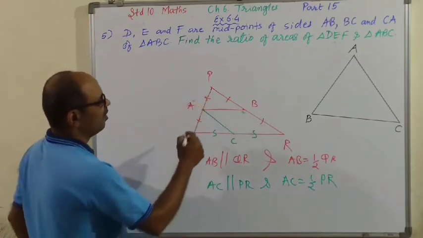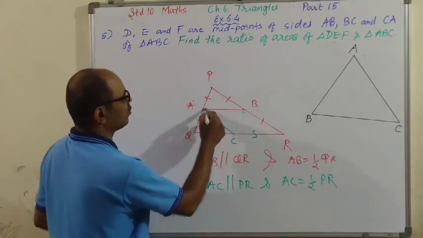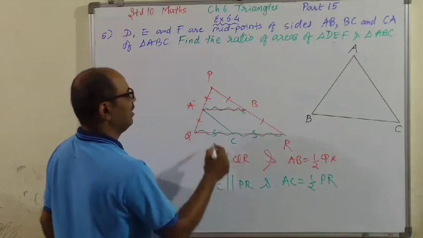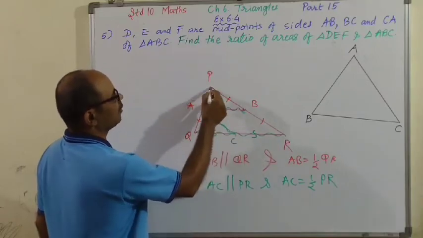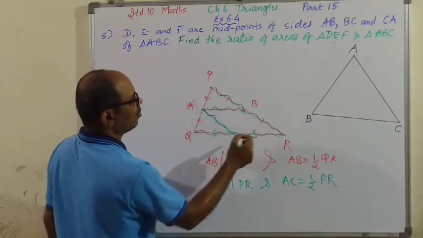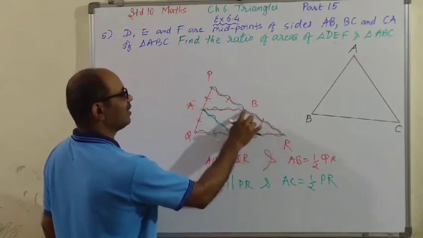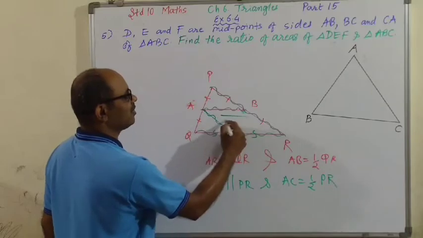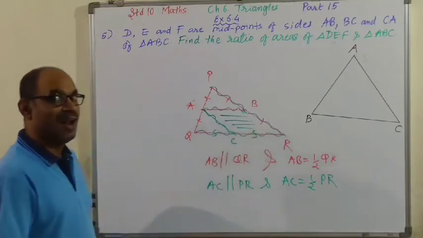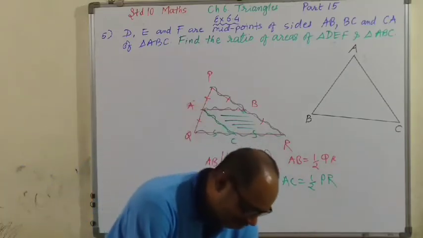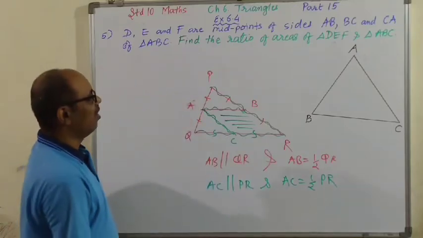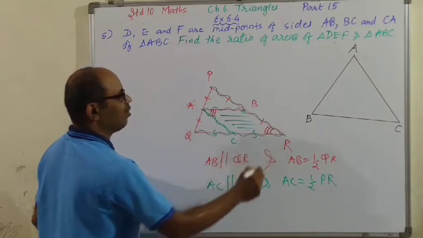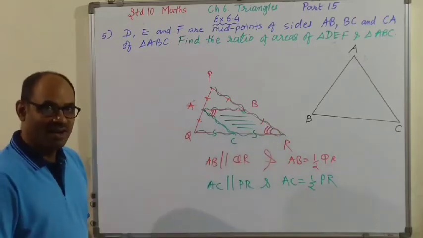Now look here. What did you get? This one is parallel to this one, correct? And this one is parallel to this one. So look at this quadrilateral. This is parallel to this, and this is parallel to this. So this is a parallelogram. And you know the opposite angles of a parallelogram are equal.